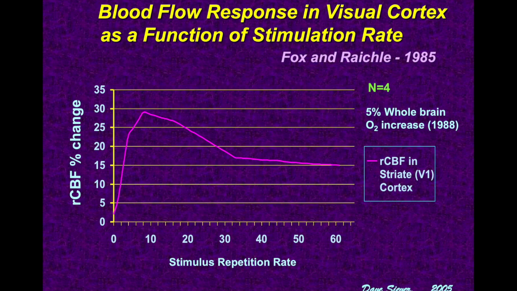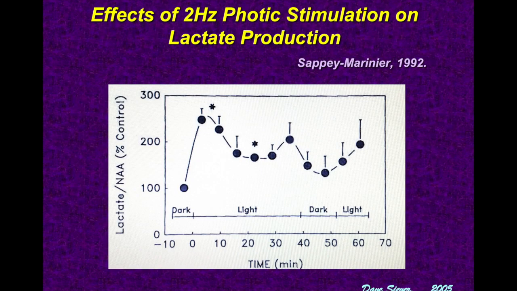They also found the whole brain required a 5% increase in oxygen, meaning we were firing that brain and getting it going, and it needed more oxygen to function just from the stimulation impacting it. This study by Sappey-Marinier is a very integral study to explanation of some of the exceptional effects we've been seeing with the audiovisual entrainment, particularly with respect to treating concussion and so on.